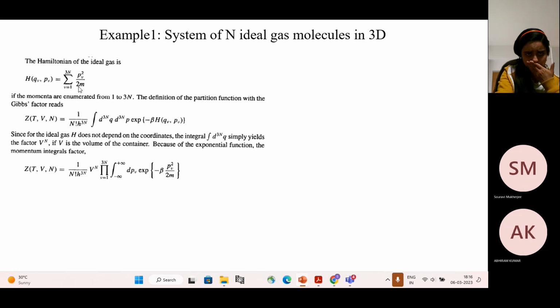Because it's in 3D, this is the momentum, and it runs from nu equal to 1 to 3n, because we have n gas molecules. So if you use this relation in the expression for the partition function, this is what you get. Is it clear why you have used the value of n factorial here?